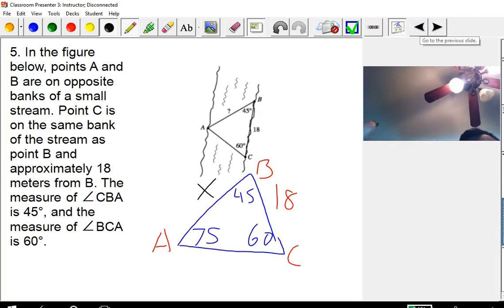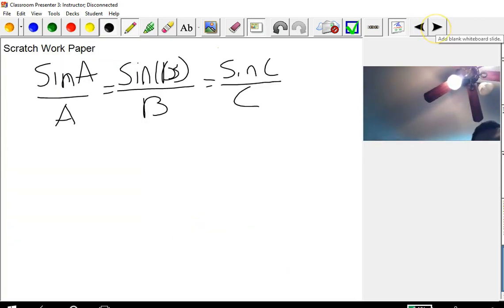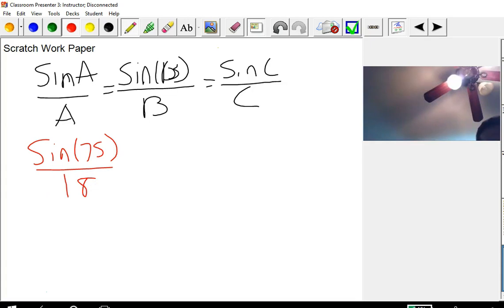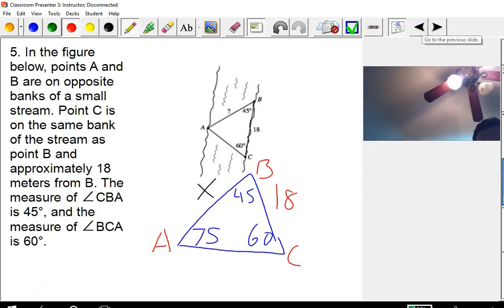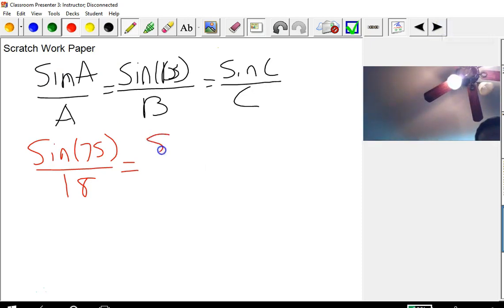We know sine of 75 over A, which is 18 in this case, is going to be equal to, well, let's check, this angle right here, which we know is sine 60, over the side we don't know.